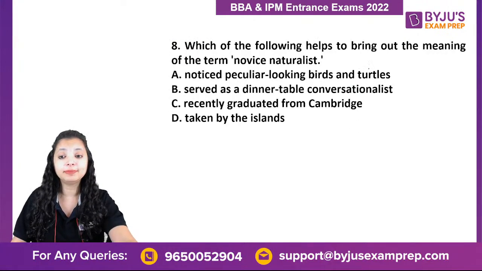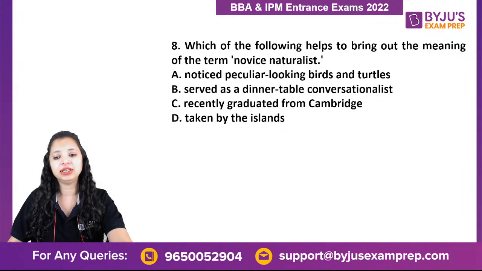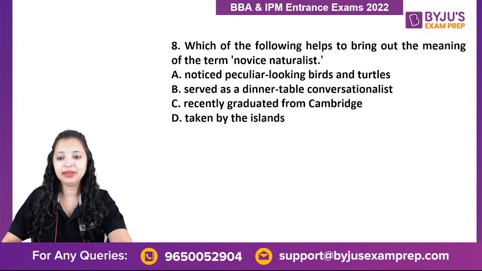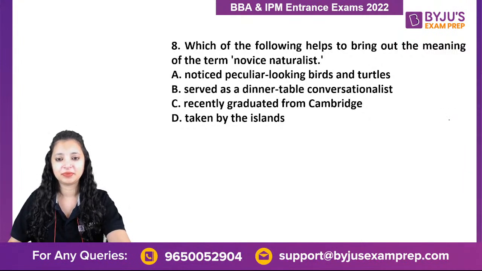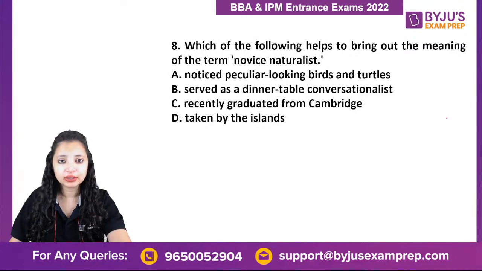Which of the following helps to bring out the meaning of the term novice naturalist? Again, you might have wanted to refer back to the passage, but if you know the meaning of novice, you will be able to find the answer easily. What should the answer be here? Novice naturalist. Who is a novice? A novice is a beginner, a starter, an amateur, Nausikhiya in Hindi.